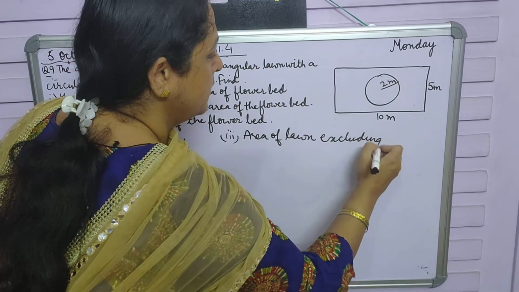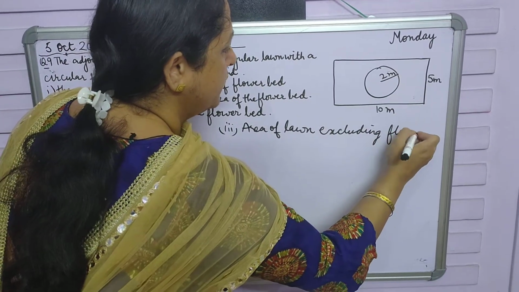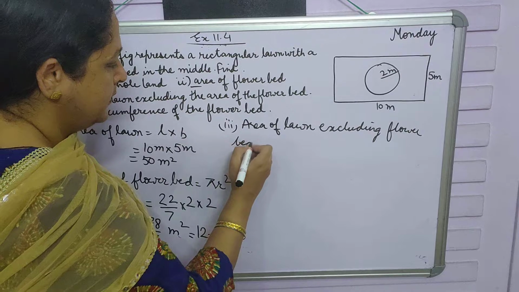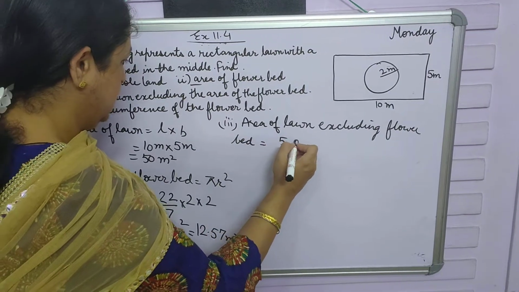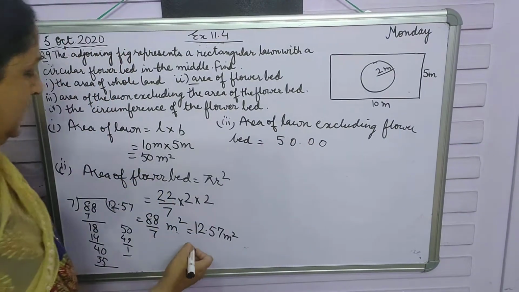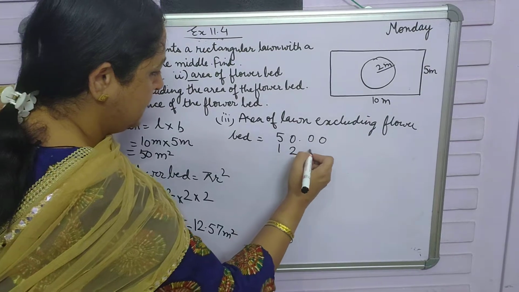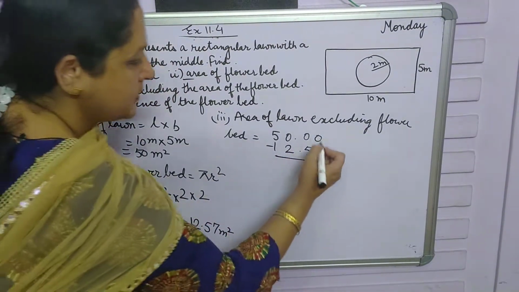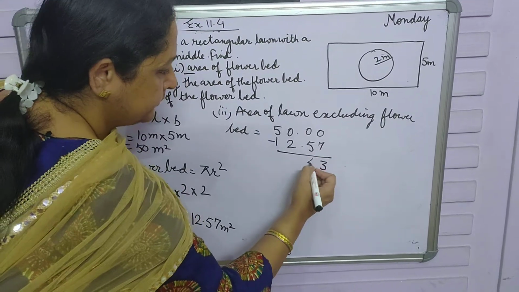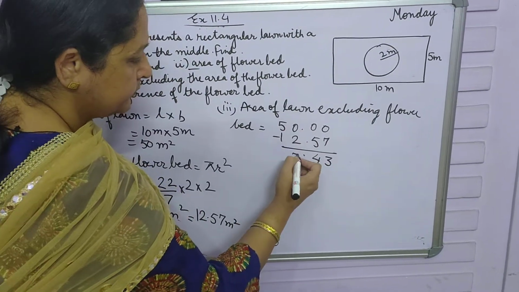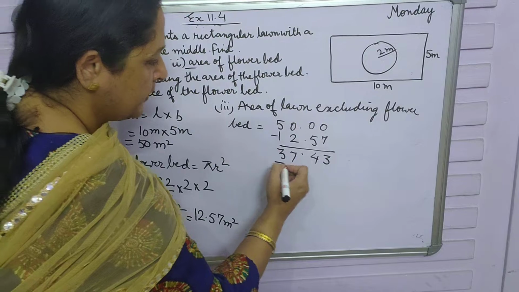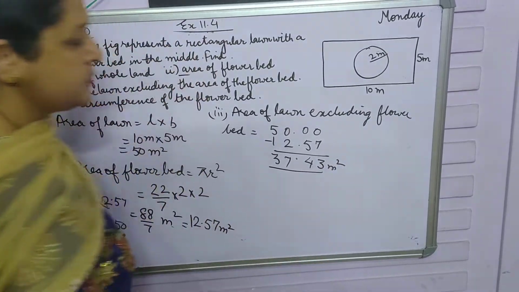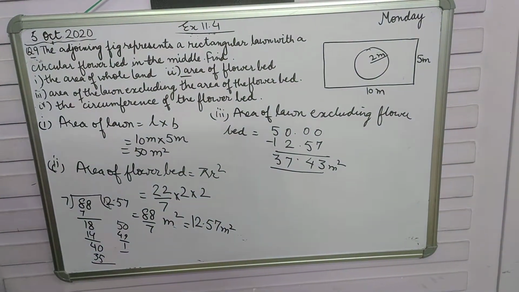The total area was 50, and let us exclude this flower bed. So that means we have to subtract. So it is 37.43 meters square.